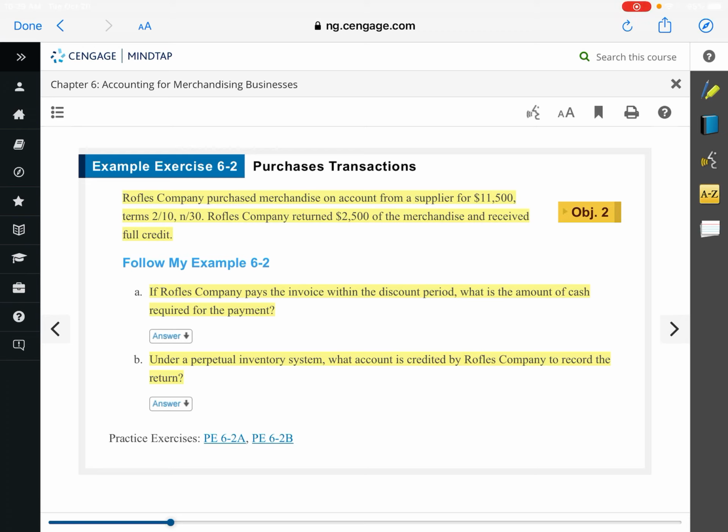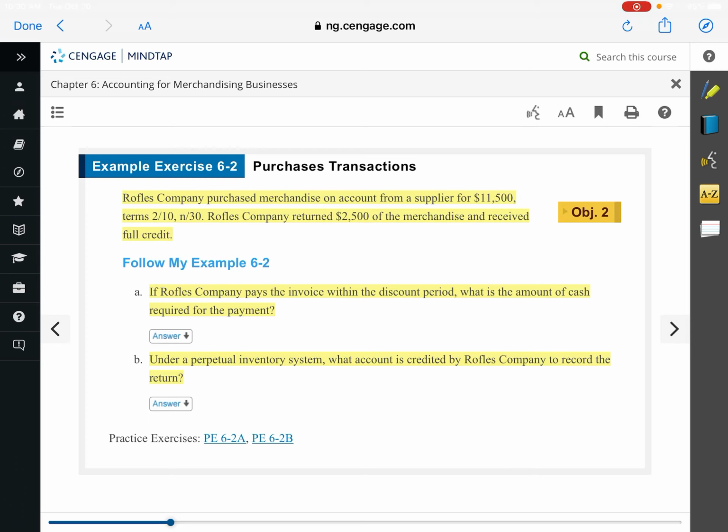So in this case, we had a sale of $1,800, but the merchandise that we sold cost us $1,200. So the first journal entry would be to debit cash, credit sales. Then the second journal entry would be to debit cost of merchandise sold, which again is an expense, and to credit merchandise inventory, which is an asset.